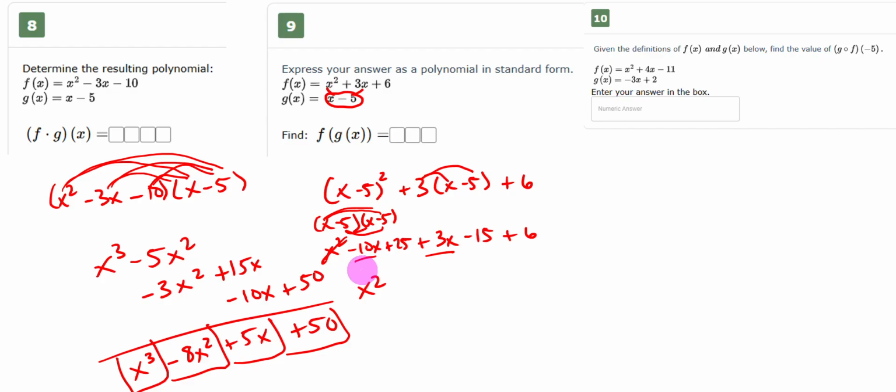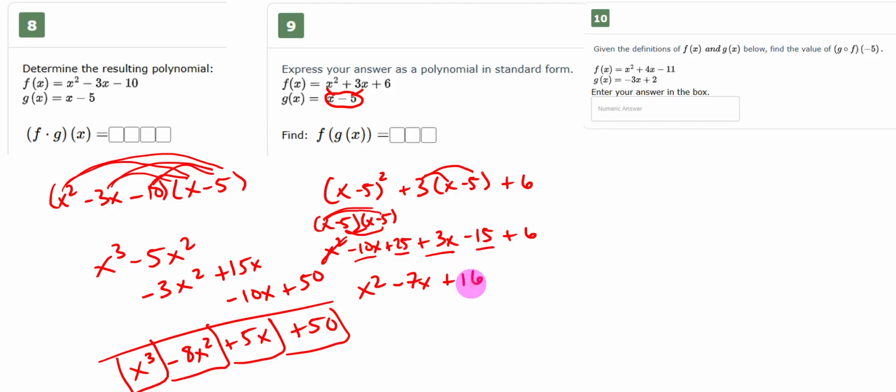Is it minus 10x? Yeah, it should be minus 10x. Should this be, yeah, plus 3x, right? So that should be minus 7x. And then 25 minus 15 is 10 plus 6, plus 16.